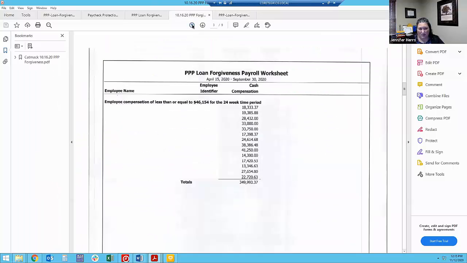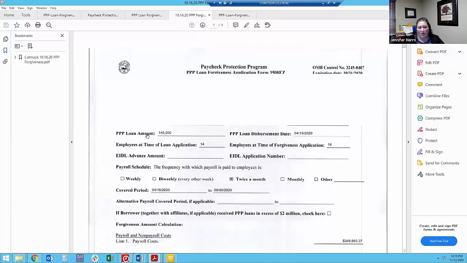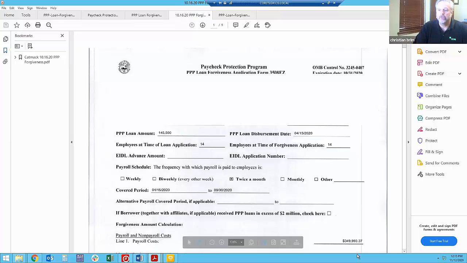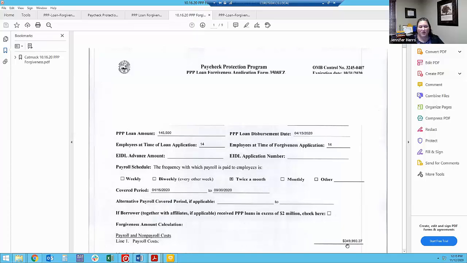So in this example here, say this full 145 was forgiven, the 145 worth of payroll expenses cannot be expensed on your tax return. So in other words, the $349,000 that I had for payroll expense, I've got to deduct $145,000 from that expense item. Yep, so now you have $200,000 in expense and your taxable net income goes up.